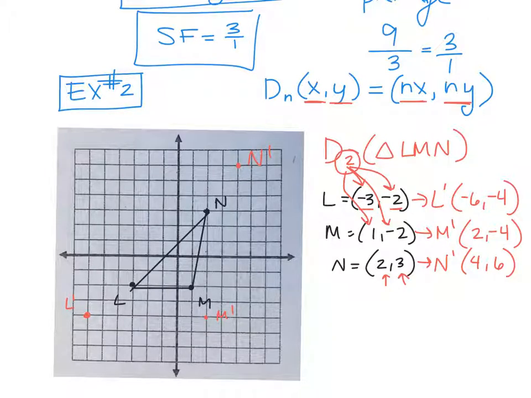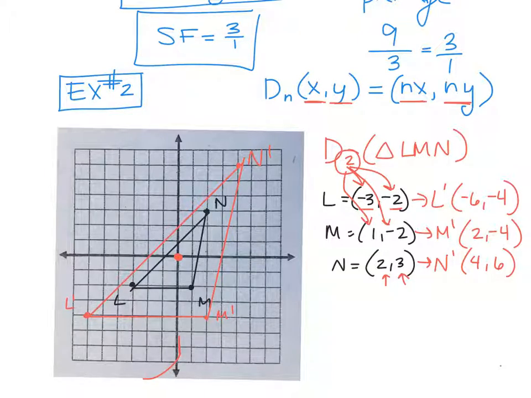Okay, so if I draw that triangle in, it looks something like that. Notice you can kind of tell just with the look of it that it's dilating from 0, 0, right? This is our center of dilation, and it is growing from there.